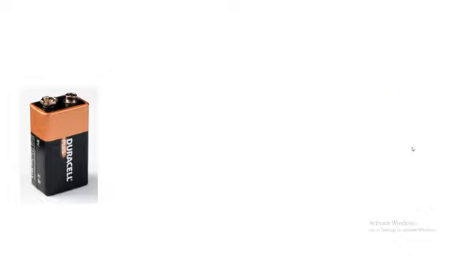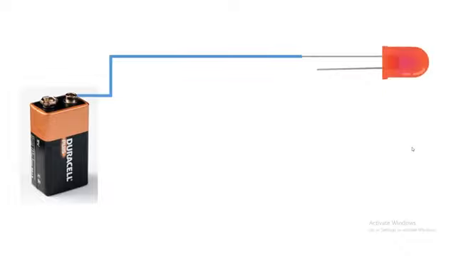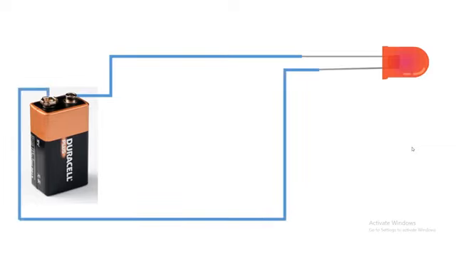You can see here, this is a battery and this is an LED. We connect the positive side to the positive side of the LED and the negative side with the negative. Here, the voltage of this battery is 9 volt. We are controlling this voltage through the resistor. The extra voltage we try to drop through the resistor. But in some cases, when the voltage becomes high, there is a chance to damage the LED.